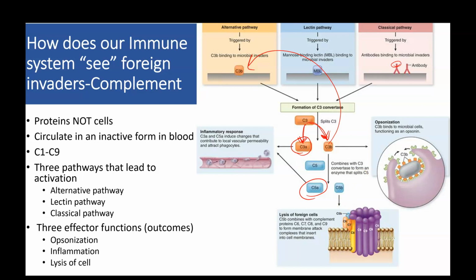You can see there's C6, C7, C8, and then one of the really cool complement proteins, C9, is basically like this huge spike.